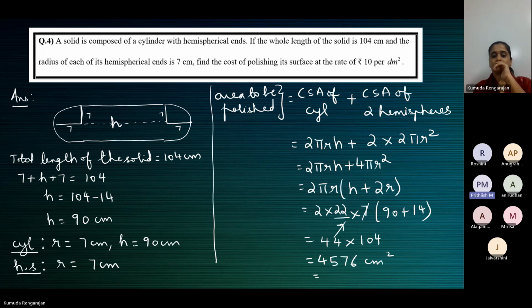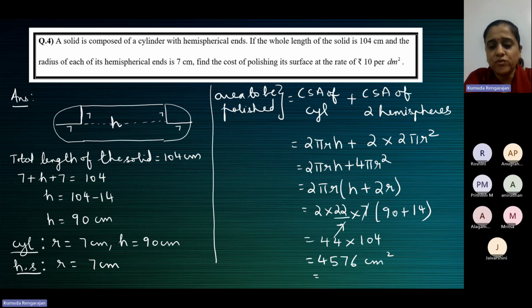Ma'am, 45.757 decimeter square. 45.7... 757 decimeter square, ma'am. How 757?